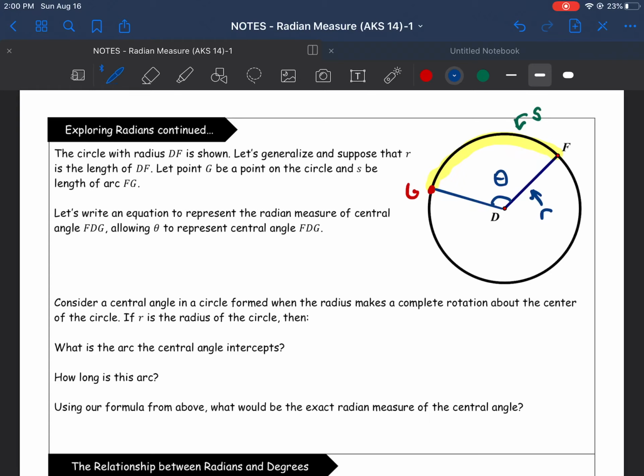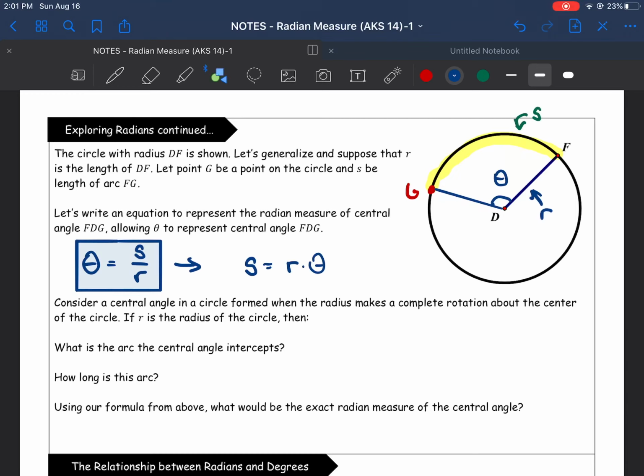We want to come up with a relationship between the angle theta, the radius R, and the arc length S. It turns out that theta, the measure of the angle, will be equal to the arc length S divided by the radius R. We can rewrite this equation to solve for the arc length S. If we multiply both sides by R, the arc length S is equal to the radius times the angle measure.